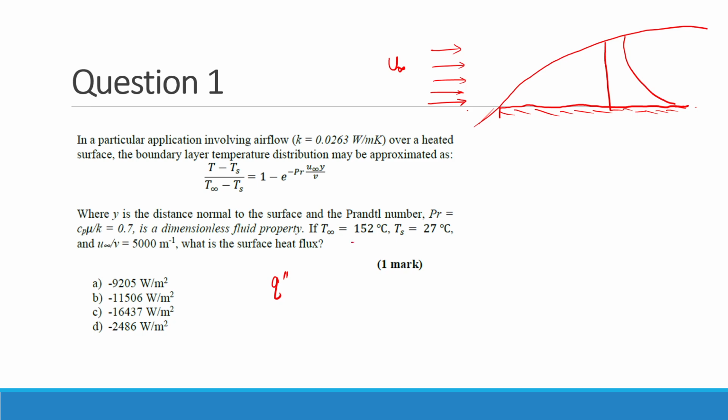Okay, so over here T infinity is 152, whereas the temperature of the surface is 27 degrees Celsius. So we will be seeing such a kind of temperature profile. This T infinity is 152 degrees Celsius, and the temperature of the surface is 27 degrees Celsius.